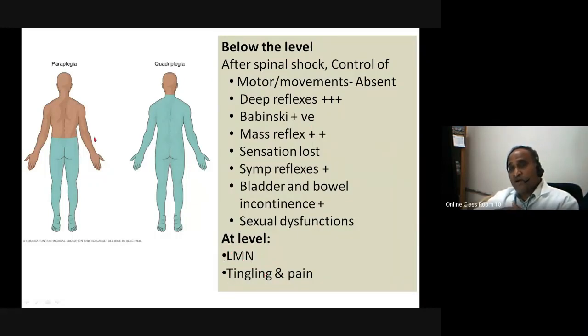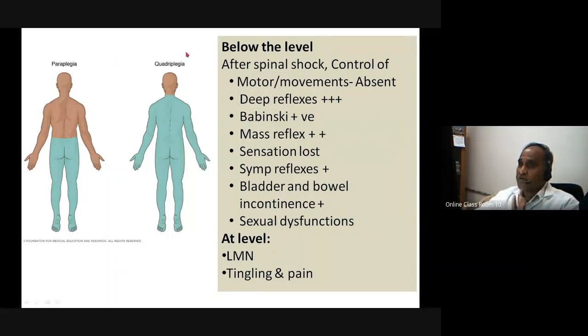Because at this level there is an injury to the spinal cord, sensations resulting from the injury, that is the tingling and the pain, will start because the neurons have been excited, and they will trigger this tingling and pain sensation. So this is all about the paraplegia and quadriplegia.